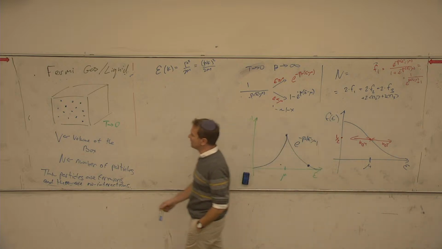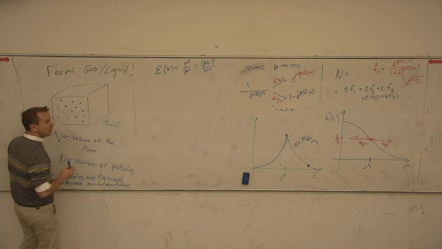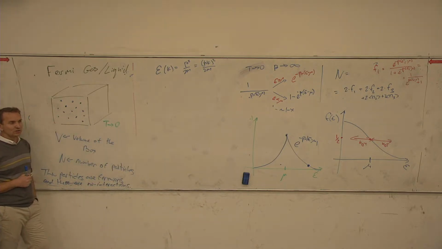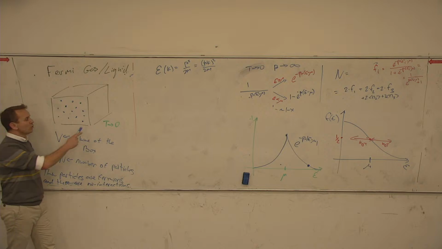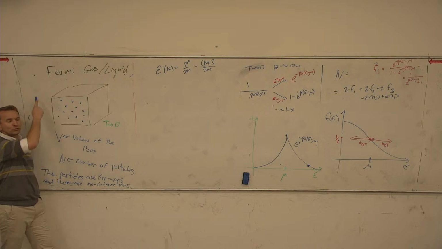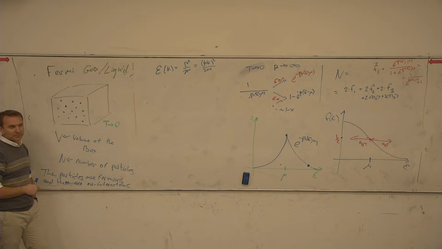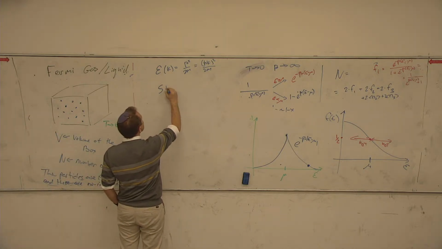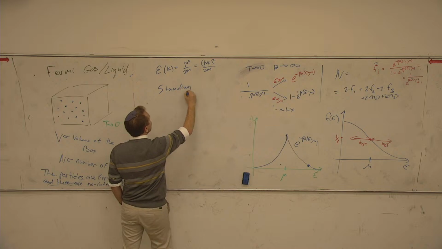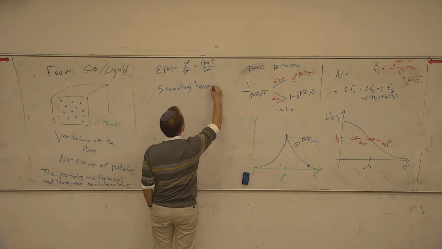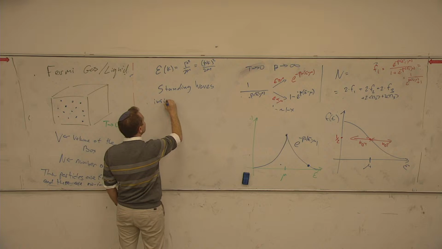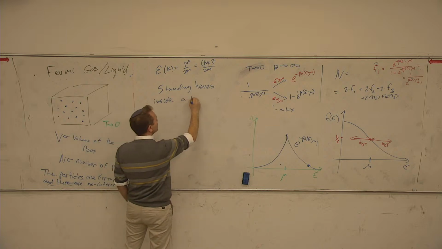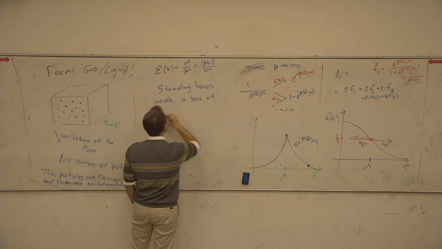Because the probability density that we obtain from the Schrödinger equation, the wave functions, are going to be 0 outside of the box for each particle. Okay. This means that we're looking at standing waves inside a box of volume V.